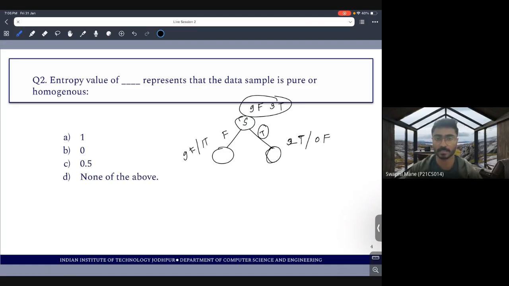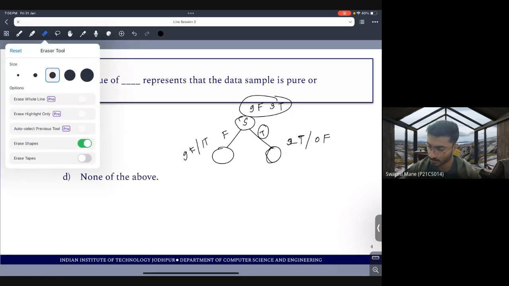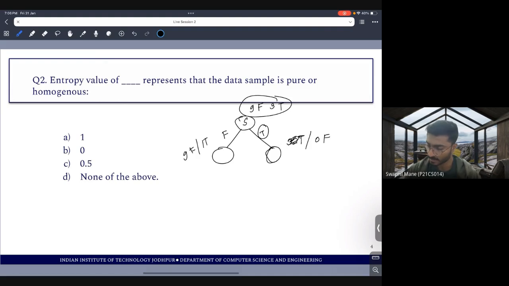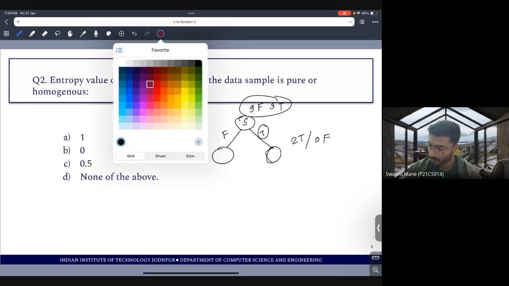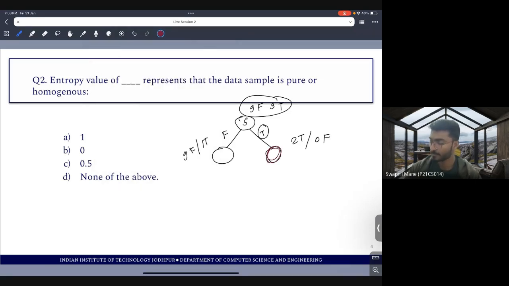So this is the splitting. By observing this, we can easily say that this node is a pure node.